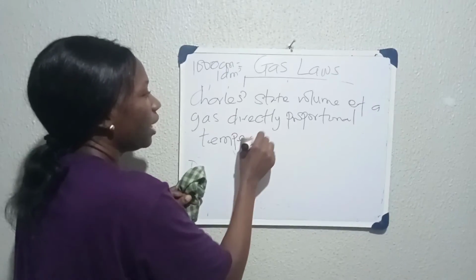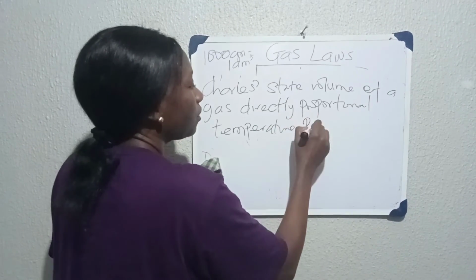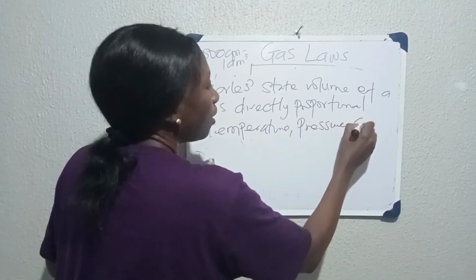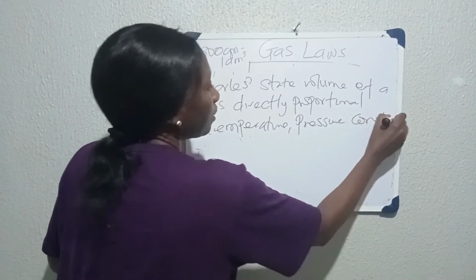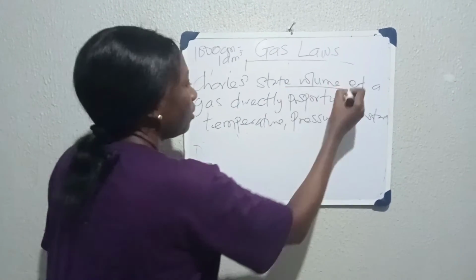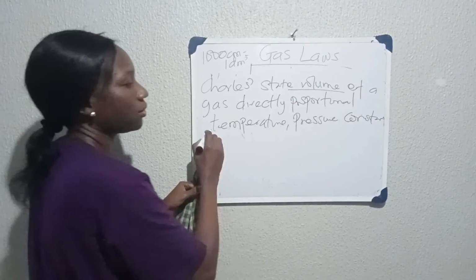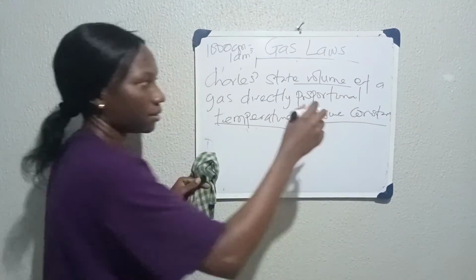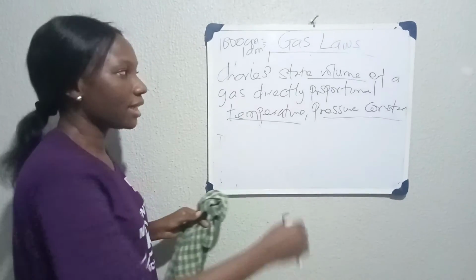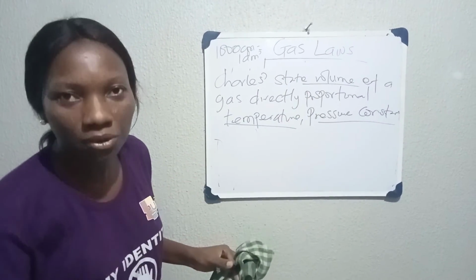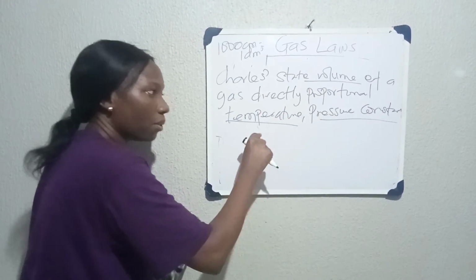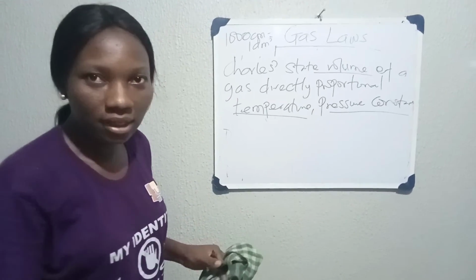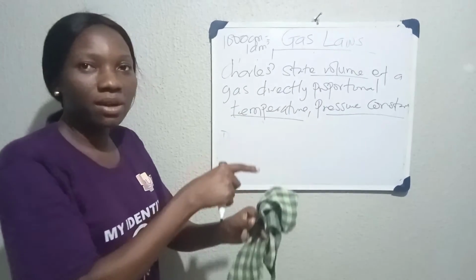This time around our pressure is now constant. So we have our volume directly proportional to temperature and our pressure is constant, unlike Boyle's law, where our volume is inversely proportional to pressure and our temperature is constant. But for Charles' law, the reverse is the case.